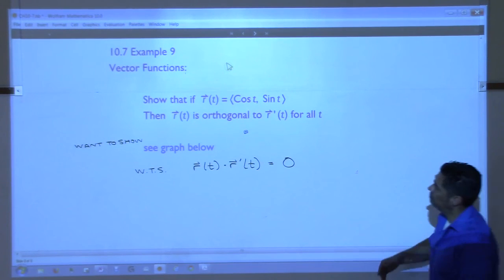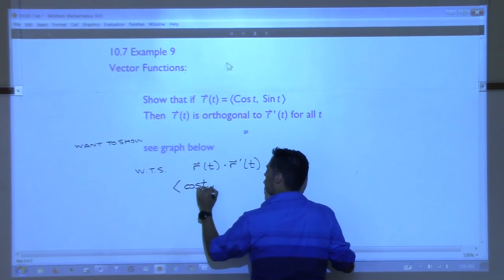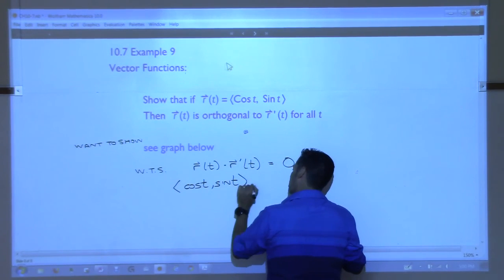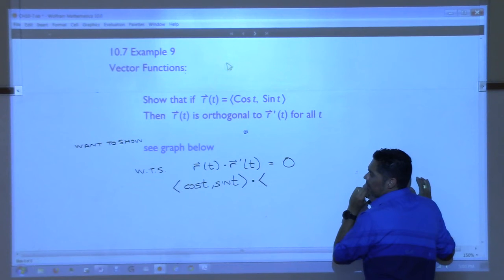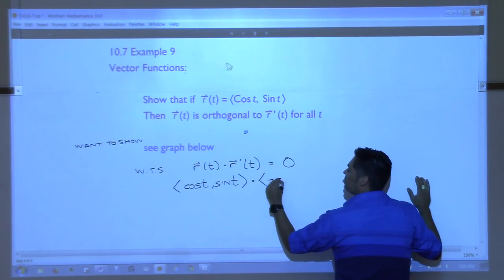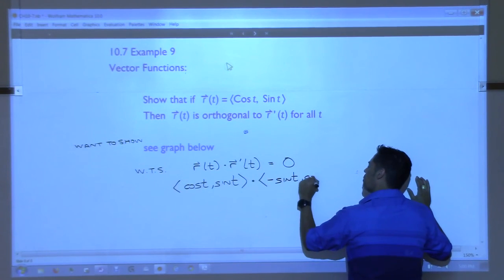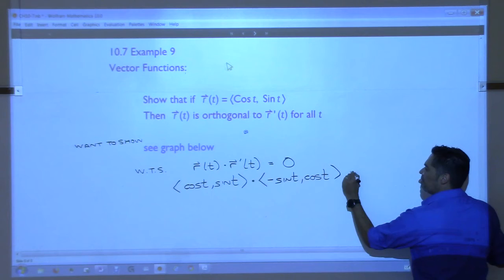What's r of t? It's cosine t, sine t, right? And we dot that with its derivative. What is its derivative? Negative sine t, cosine t. Let's figure out what that is.